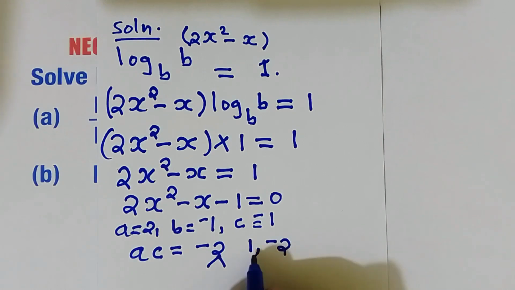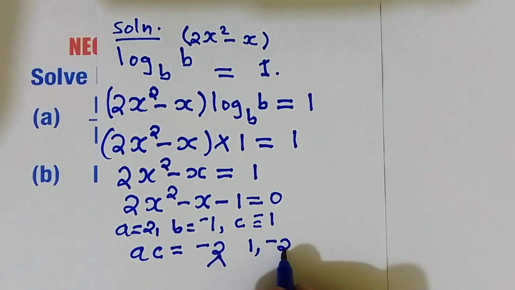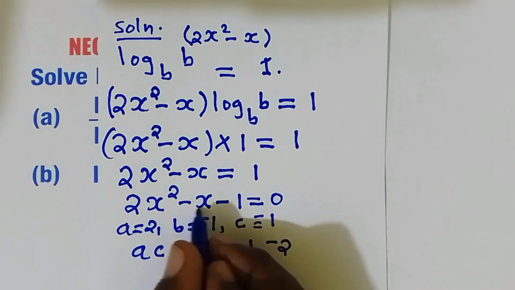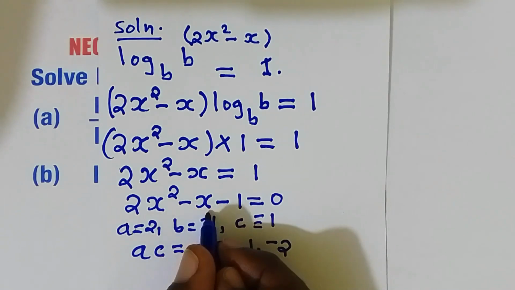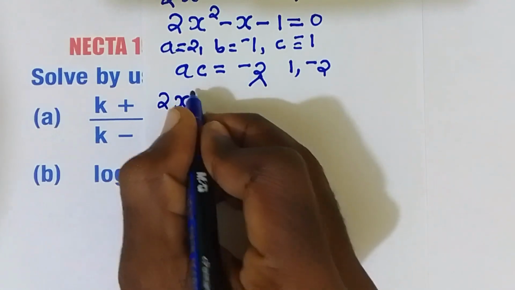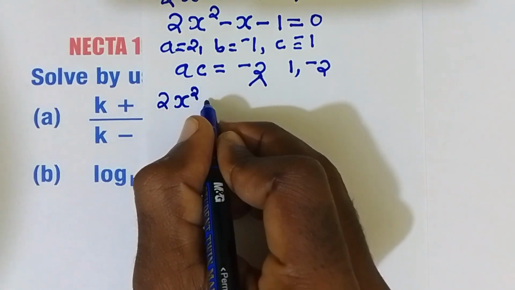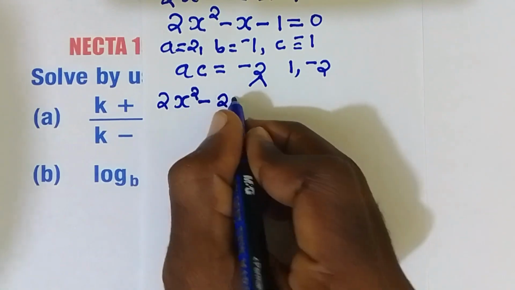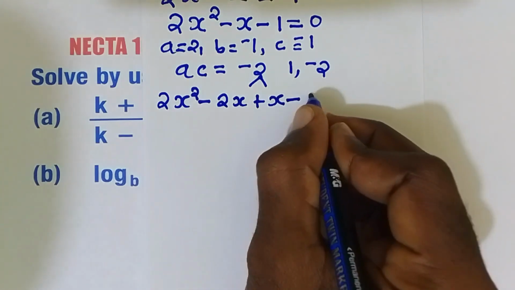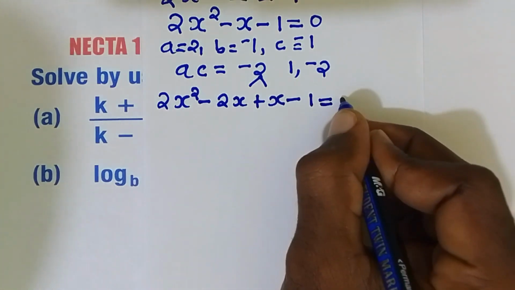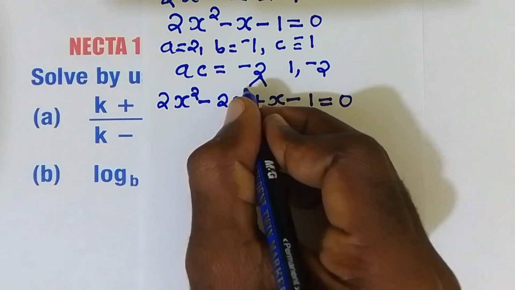That is 1 multiplied by minus 2, I get minus 2, and 1 plus minus 2, I get minus 1. So let us split the middle term. 2x squared minus 2x plus x minus 1. This is equal to 0.